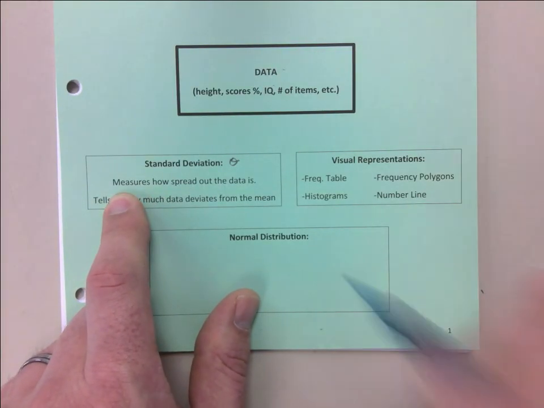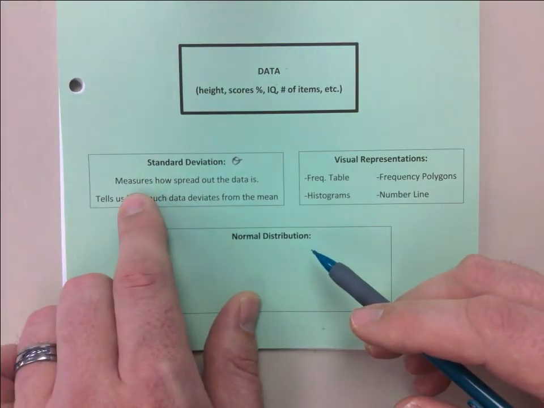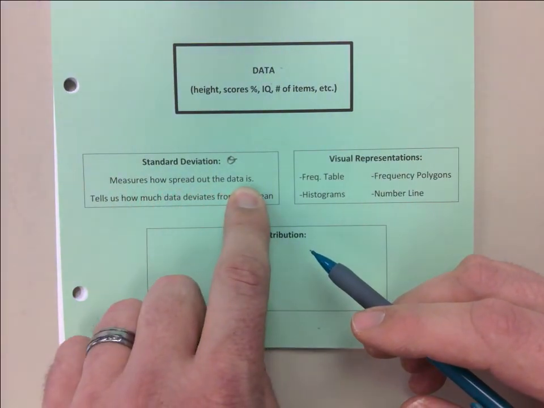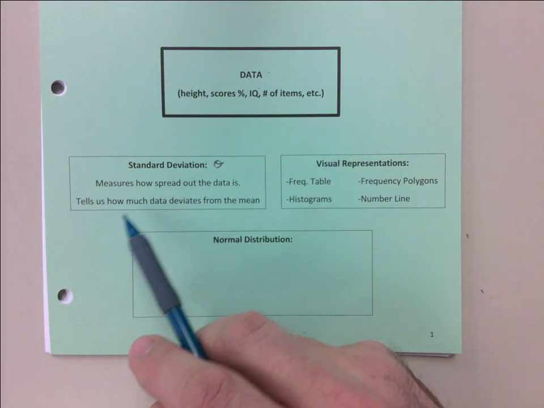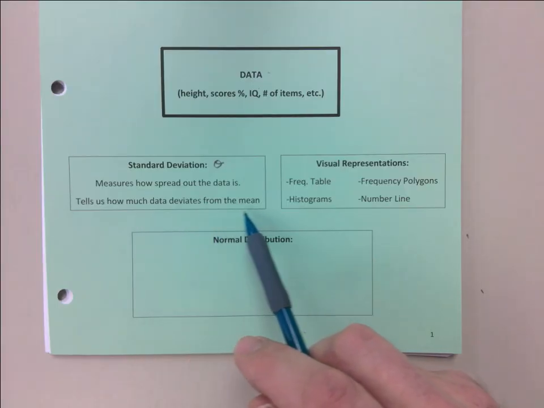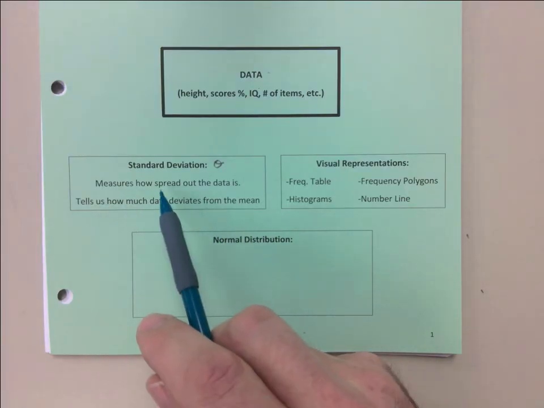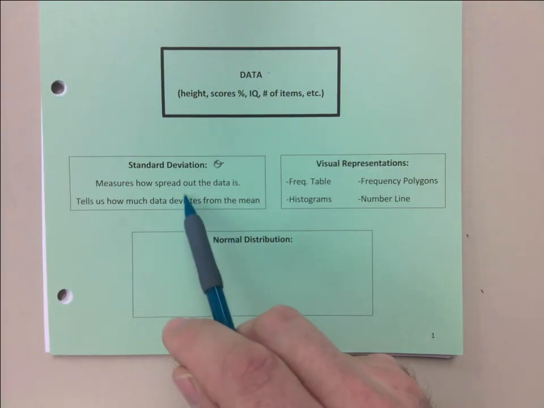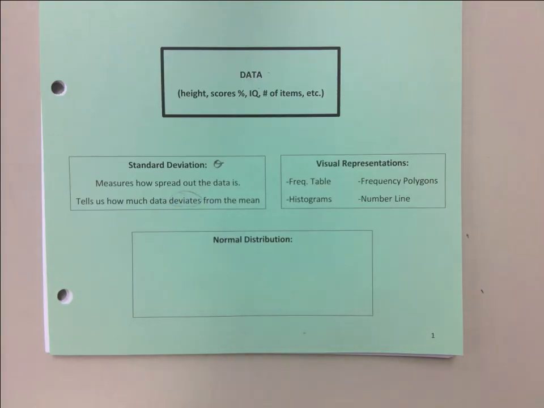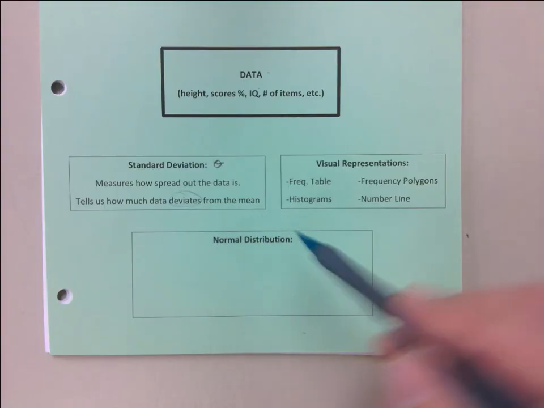Measures how spread out the data is. It tells us how much data deviates from the mean. So it tells us how spread out it is and how much it deviates from the mean. Deviating means wanders off or moves away from our average.